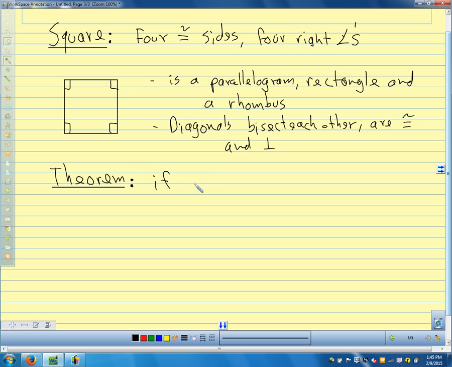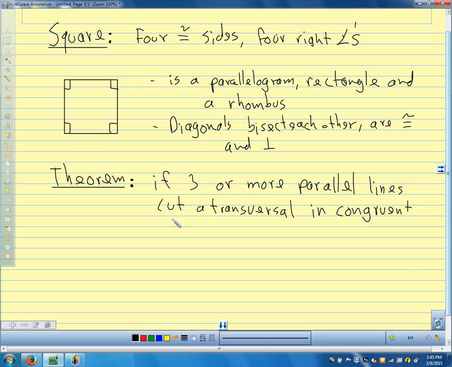Our theorem: if 3 or more parallel lines cut a transversal in congruent segments, then they cut congruent segments on every transversal.